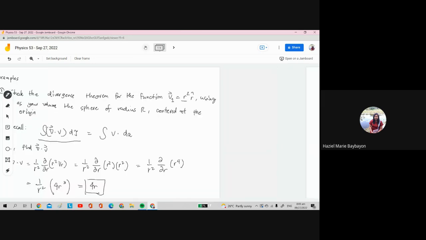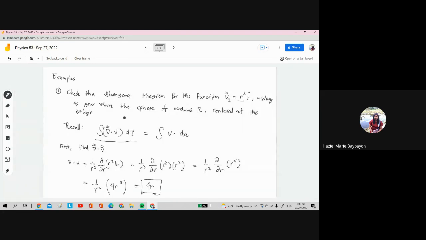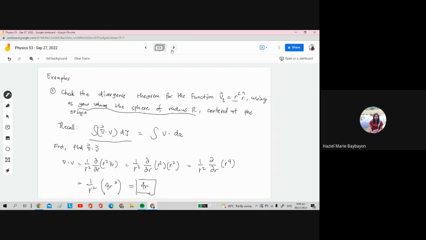Now, in order for us to evaluate the volume integral, we need to consider the volume. So the volume is the sphere of radius r centered at the origin.